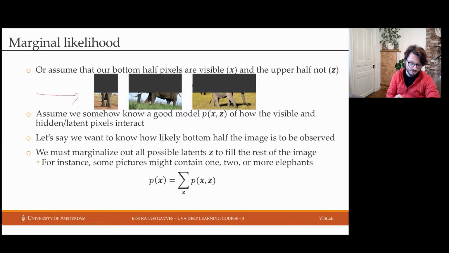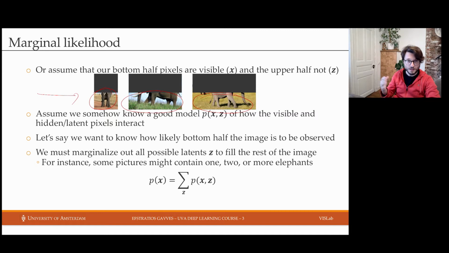Assume, for instance, we have this set of pictures, and the bottom half of our pictures is visible, while the upper half of the pictures is blacked out. Now assume also that we have a good model, P of X comma Z, basically capturing the correlations between the visible and the latent pixels. And we want to compute how likely it is to have such a half picture, so basically these bottom halves.